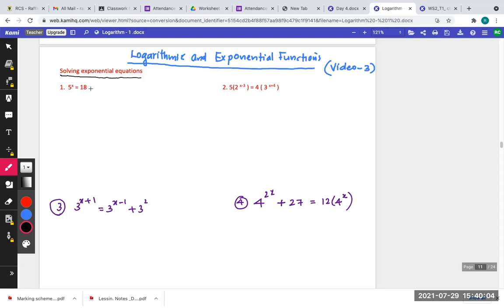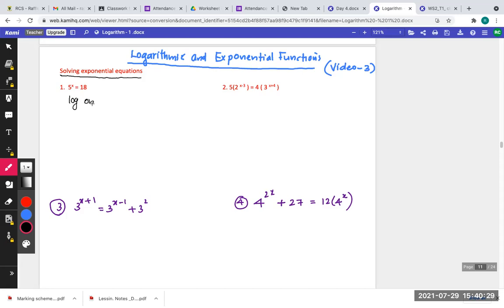But still, you can find the value of x by applying logarithms. You can apply either the natural logarithm or the common logarithm. It is your call. I'll be taking ln. ln is log with base e. I'm taking log on both sides.